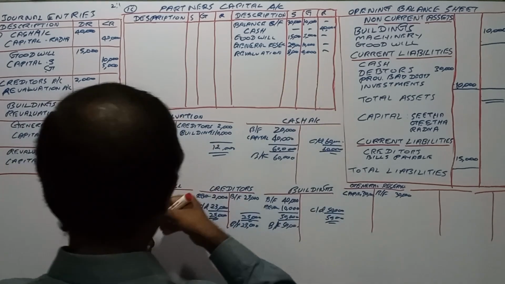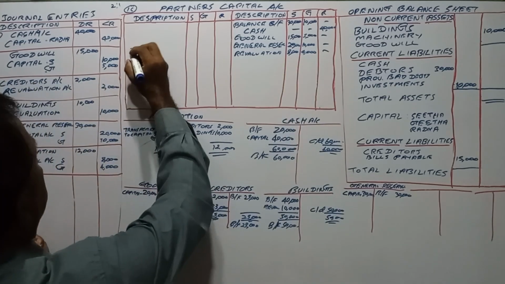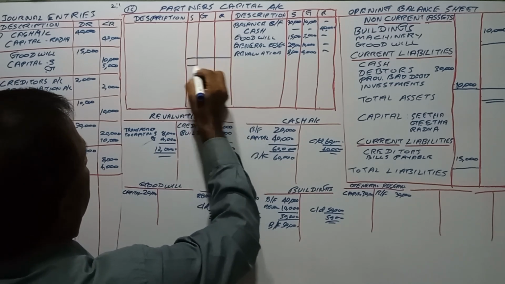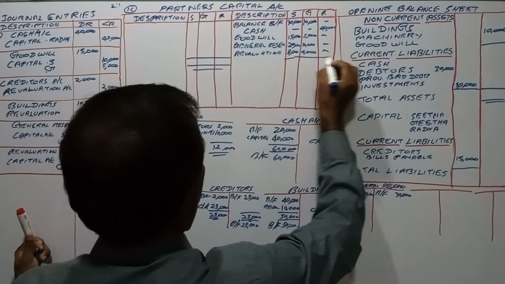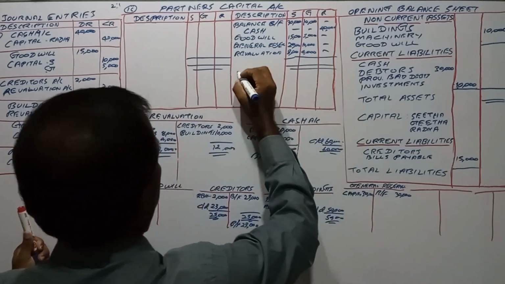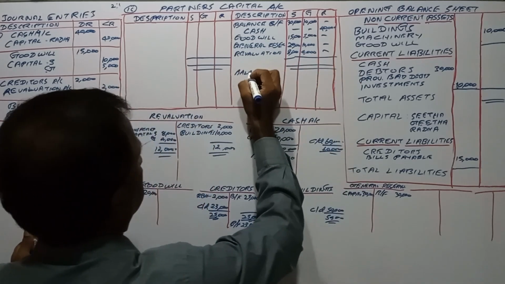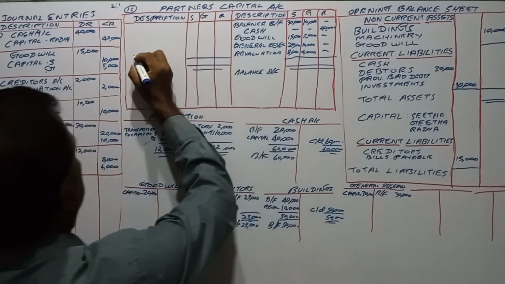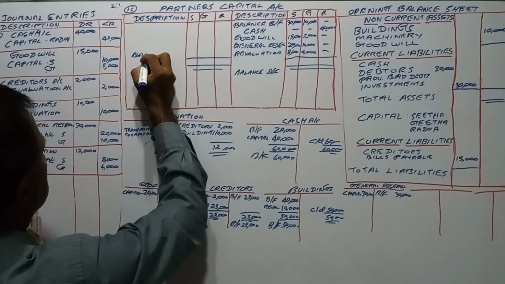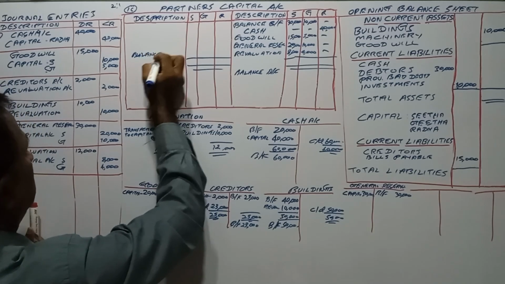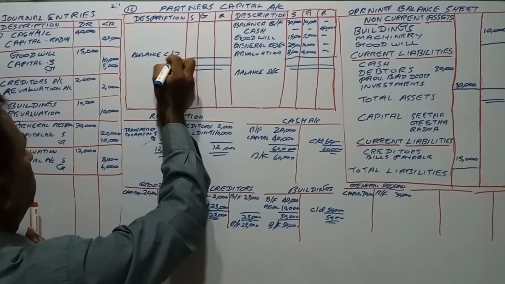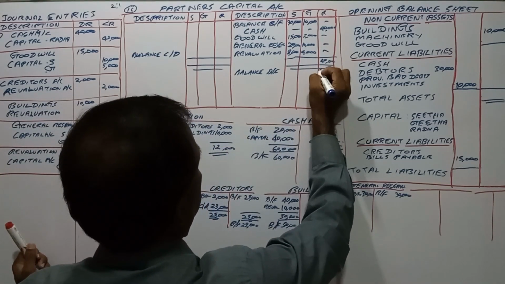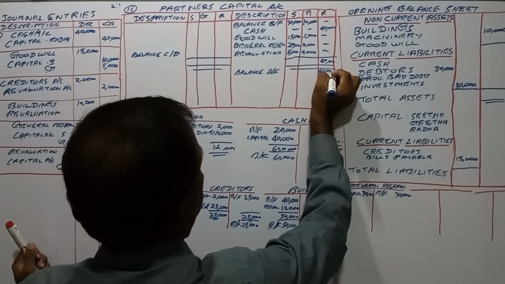Capital account, if we balance the capital account, it is finished, right? Balance brought forward, balance carried down. This is 40,000, this is 40,000.